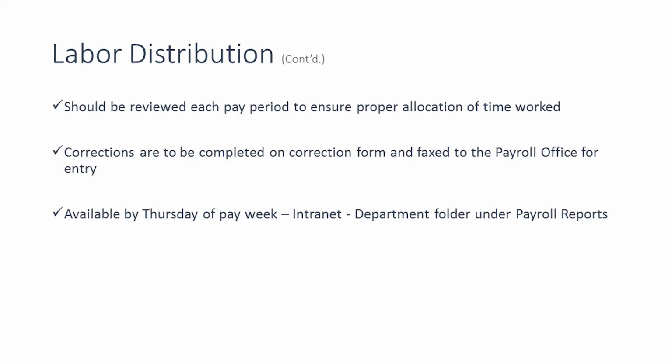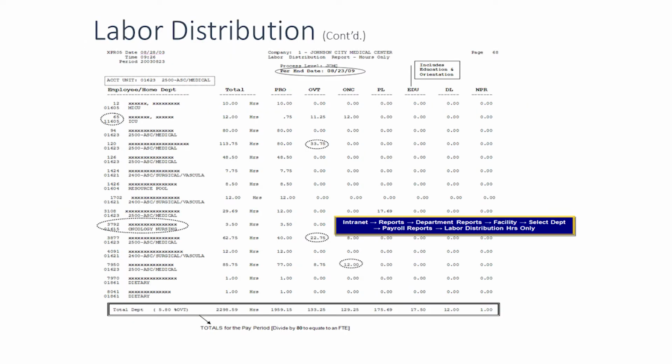It's distributed each pay period and should be reviewed. They look at this and make sure that all of the team members were paid appropriately, and it also gives a great indication of the amount of hours, and the pay, if a lot more overtime versus productive was used or anything like that.